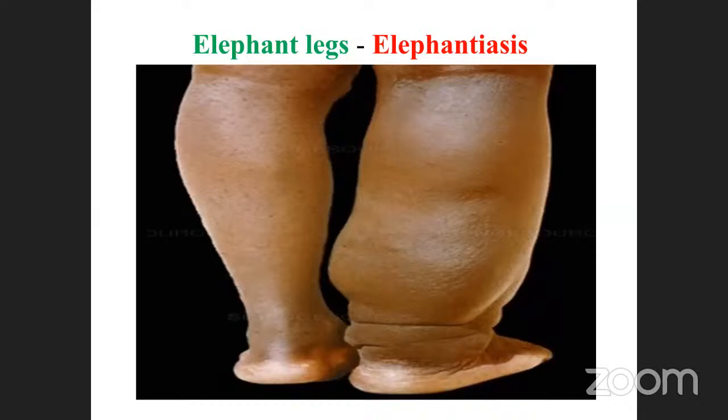This is elephantiasis, because the blood contains numerous worms. As a result, the lymphoid vessels and lymph nodes also swell, so your leg looks like an elephant's leg. That's why the condition is called elephantiasis.